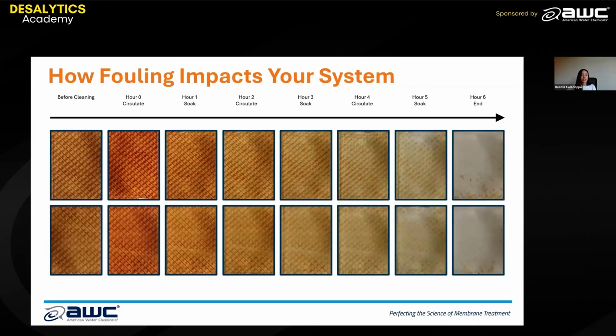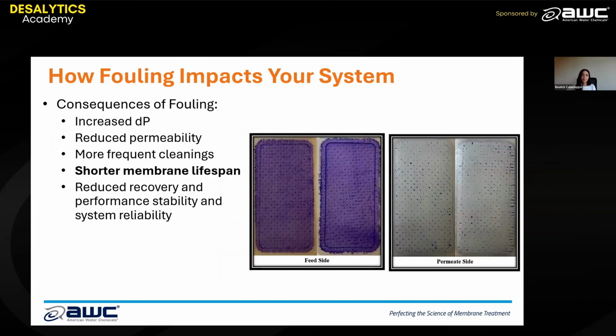But essentially, we want to make sure that the cleaning is done correctly. And if it's not, what ends up happening is, let's say we stop this cleaning at hour 2 or 3, for example. Not all of the fouling was removed. It's not going to take half as long for the fouling to build up enough to the point where you have to clean again. So it is important to address the fouling before it forms, but also afterwards, so that the cleaning frequency doesn't have to be more than it needs to be.